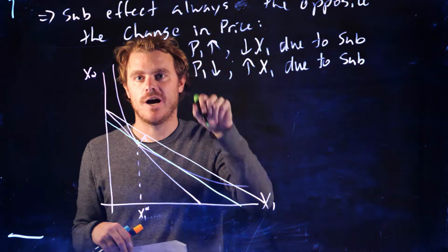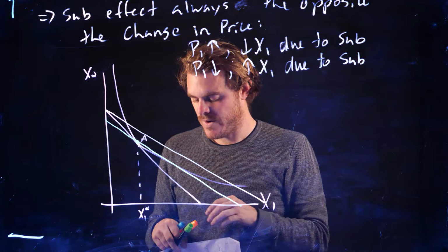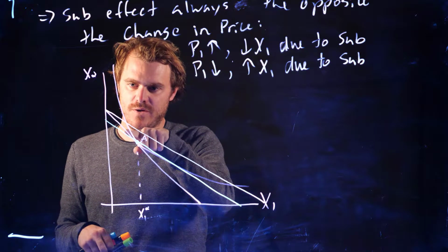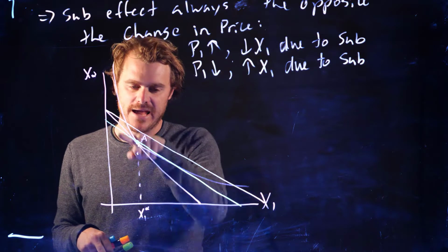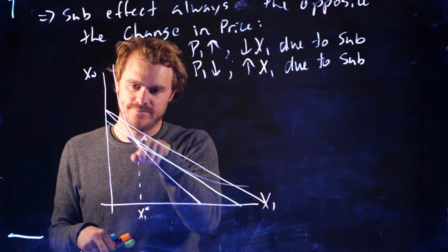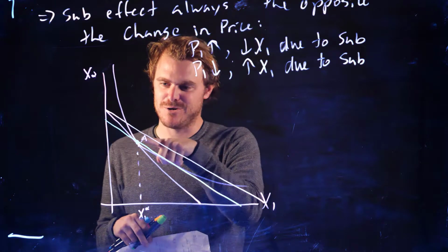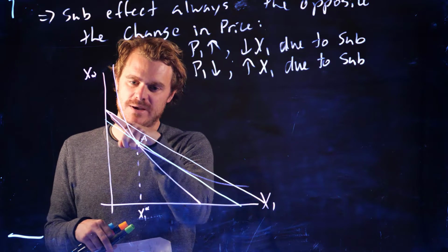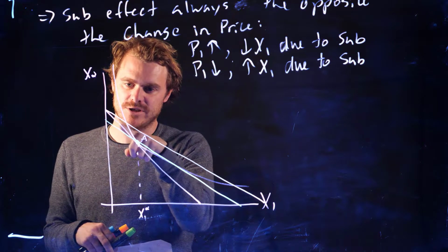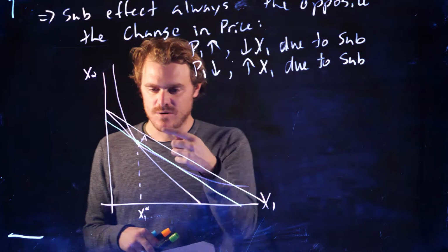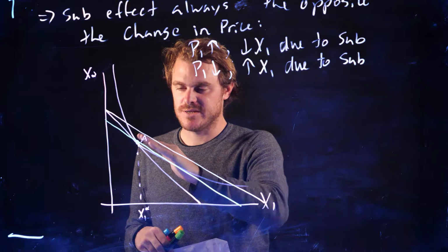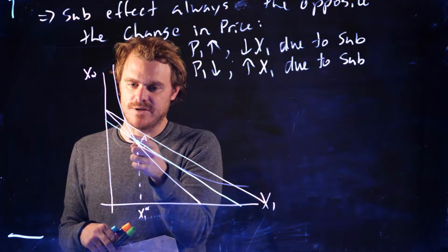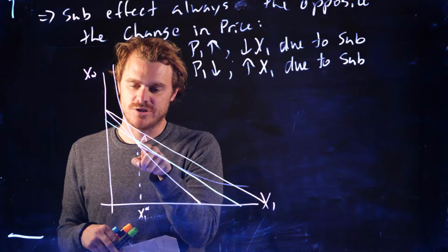Now, let's logically think our way through this. We're picking A over any other bundle to the left of A along the original budget line. So when we adjusted income and prices, we're not going to pick anything to the left of A along this greenish budget line.